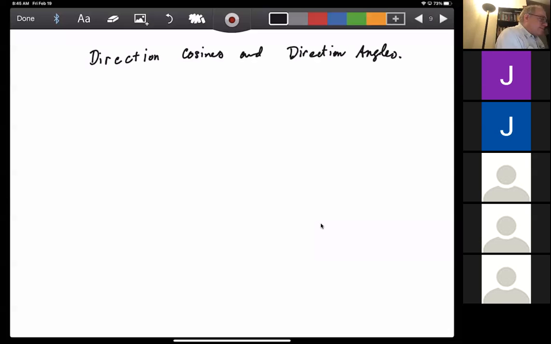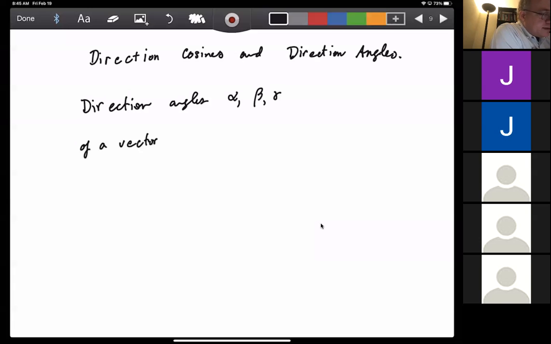So the direction angles, alpha, beta, gamma, in 3 dimensions are just the angles that the vector makes with the 3 component axes.